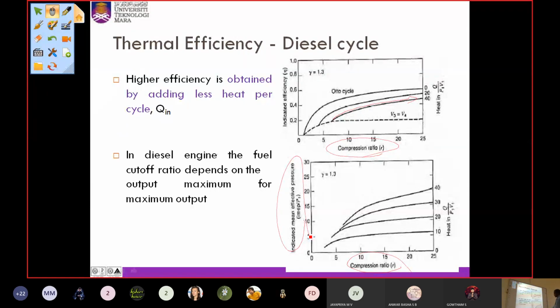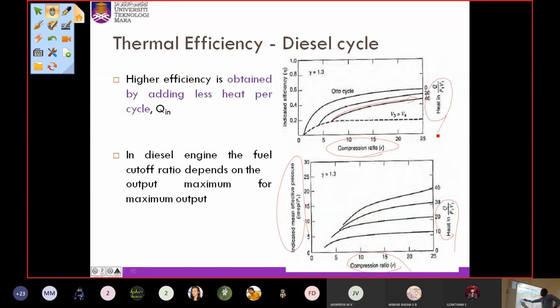If you want to get increased mean effective pressure, we have to increase the compression ratio. Also the heat supply in this process will matter to achieve the highest efficiency and the highest mean effective pressure.